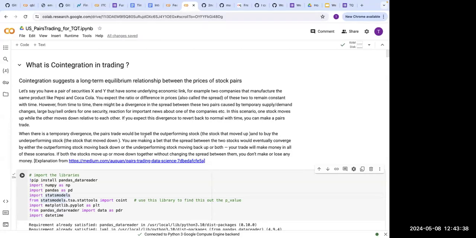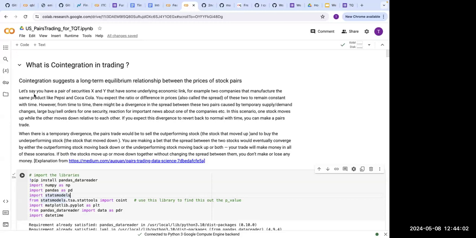Until now, we were considering just one stock: whether it will revert to equilibrium, or whether it's crossing its threshold. All those things we considered for one stock. Now we are considering two stocks relative to each other, right? And the stocks I'm considering are very much linked to each other.